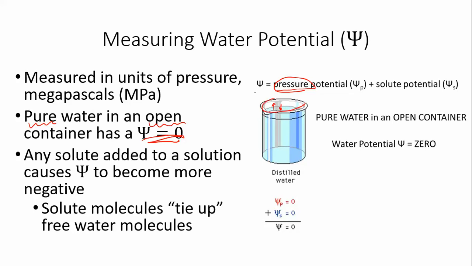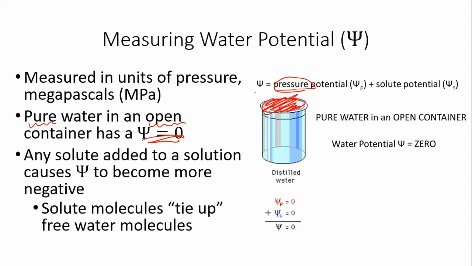Whereas if this was sealed off, the water would only be able to expand so much, and at a certain point, if the water tried to expand beyond that, the walls of the container would be holding it in.